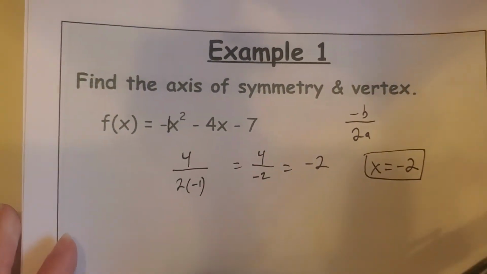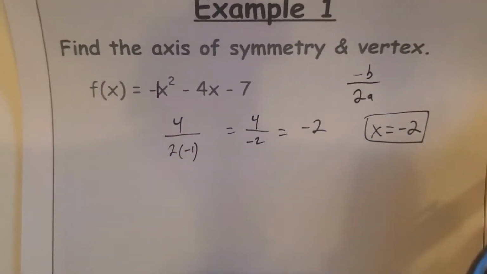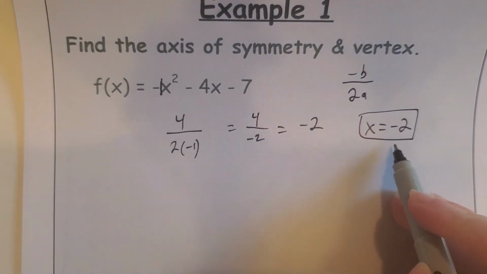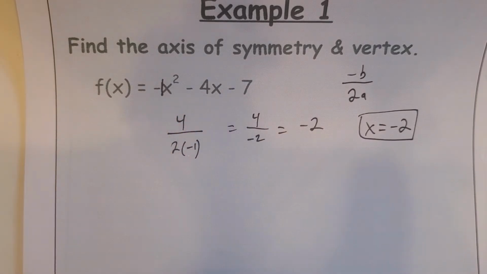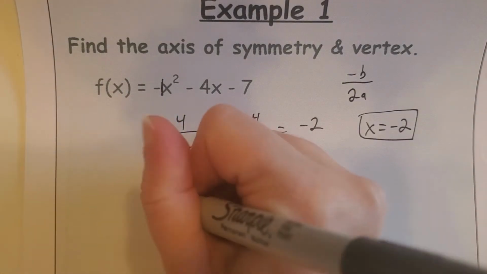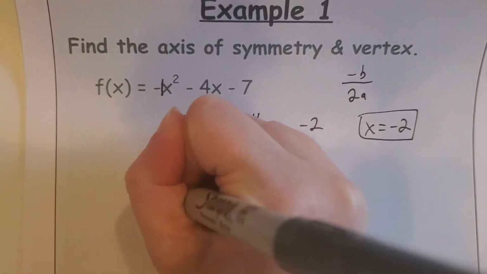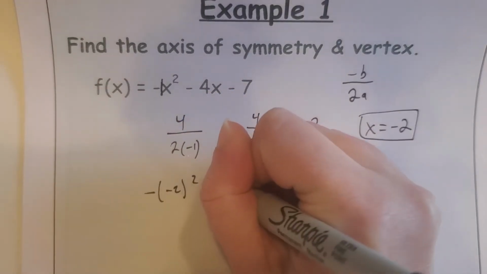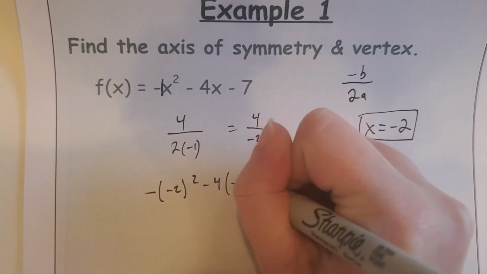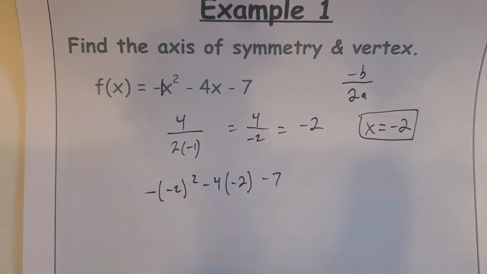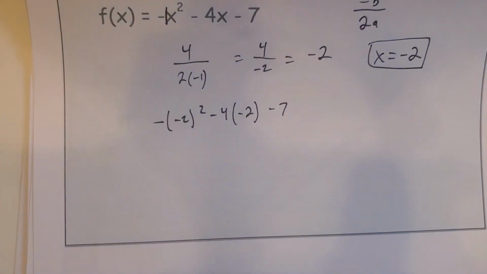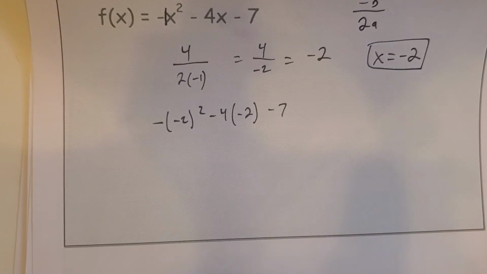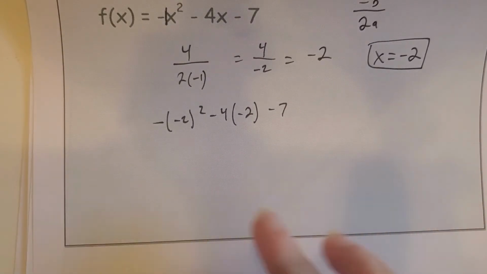And then like I was saying, to figure out what the vertex is, this is the x value of your vertex. So you can take this and plug it into your original formula. So negative 2 squared minus 4 times negative 2 minus 7. All right, you could easily plug this all into your calculator as long as you're careful with your parentheses and your negative signs.